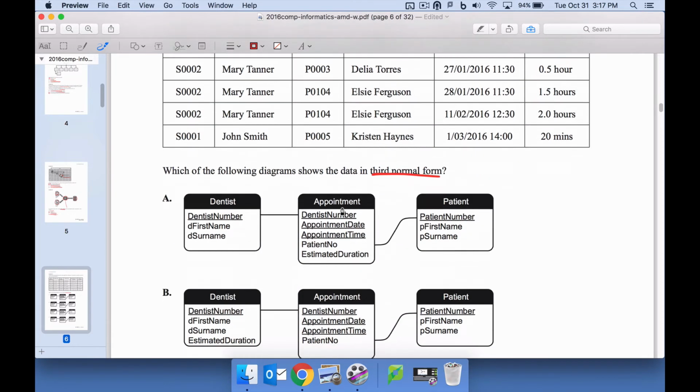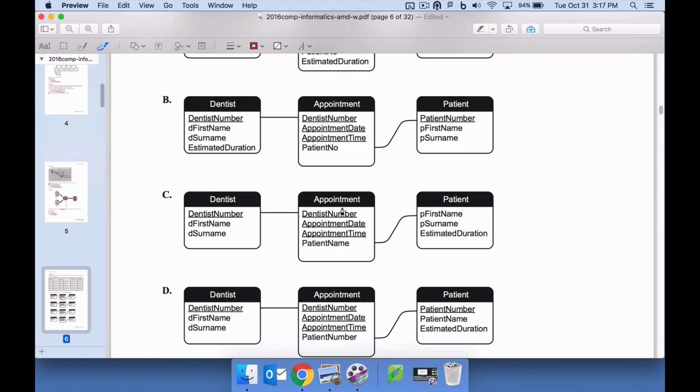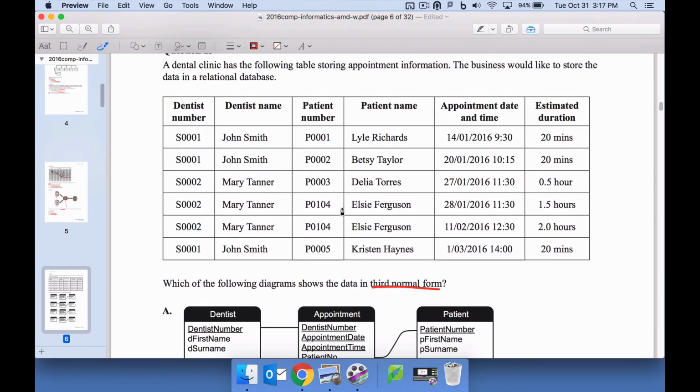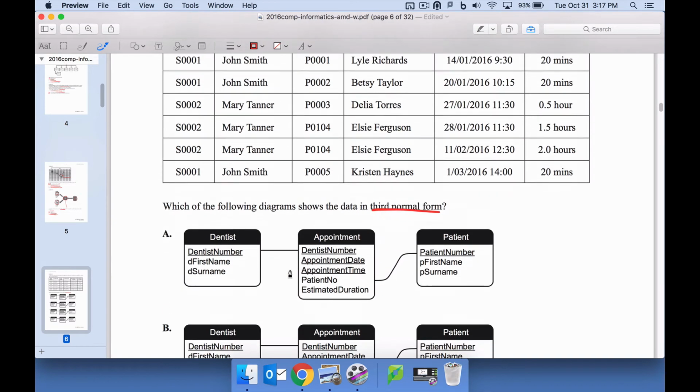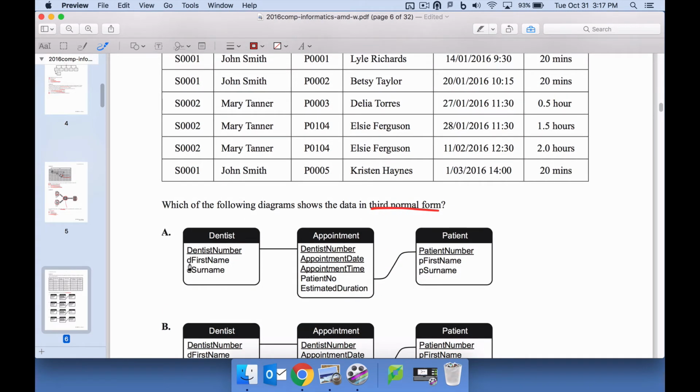So this should be easy because we have some choices here. And the rule for third normal form is that every non-primary key field must relate directly to the primary key. So if we have a look at this first answer, a dentist first name and a dentist surname, they both directly relate to the dentist number.